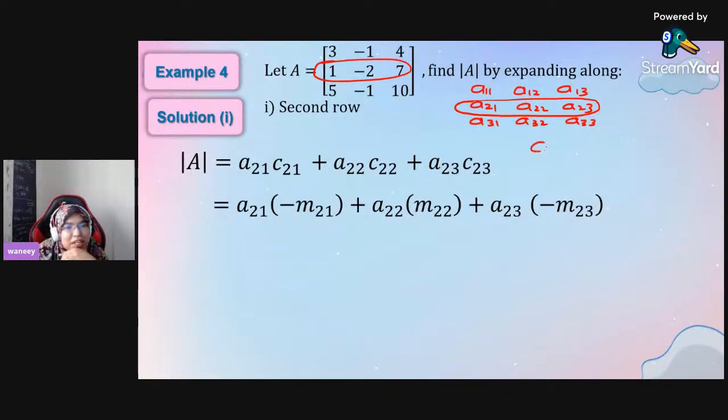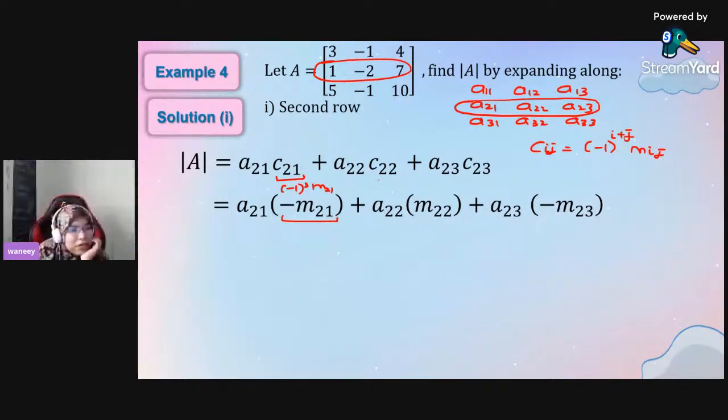Okay, so Cij is equal to negative 1 to the power of i plus j Mij. So that means C21 is negative 1 to the power of 3 M21. So that is how I get negative M21. Negative 1 to the power of 3 M21.